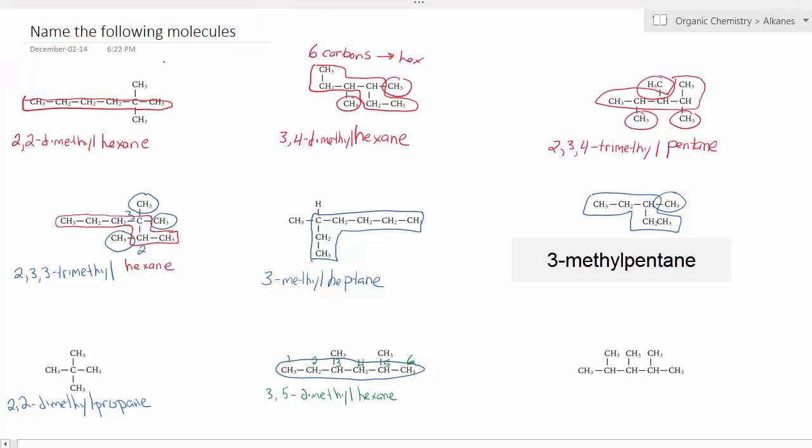Alternatively, I can number this from the right-hand side, which would place the methyl groups at carbons 2 and 4 rather than 3 and 5. So it's 2,4-dimethylhexane. This ends up being the correct name, because it gets the methyl groups at lower numbers. So finally here we've got 2,3,4-trimethylpentane.